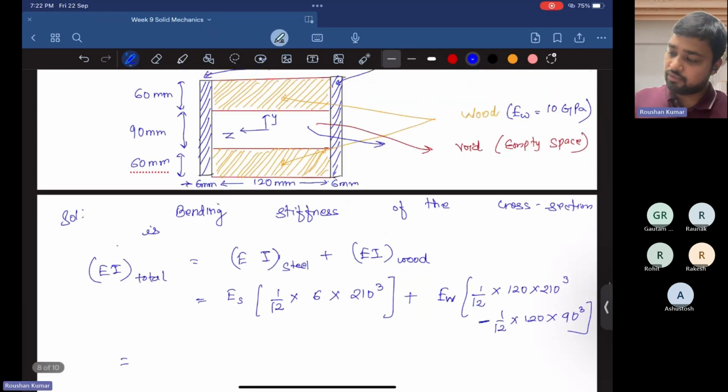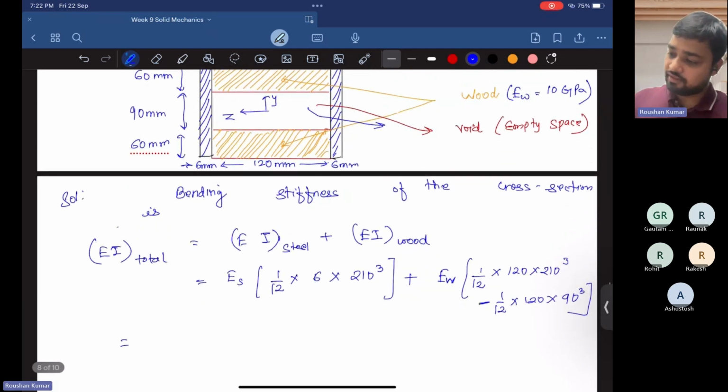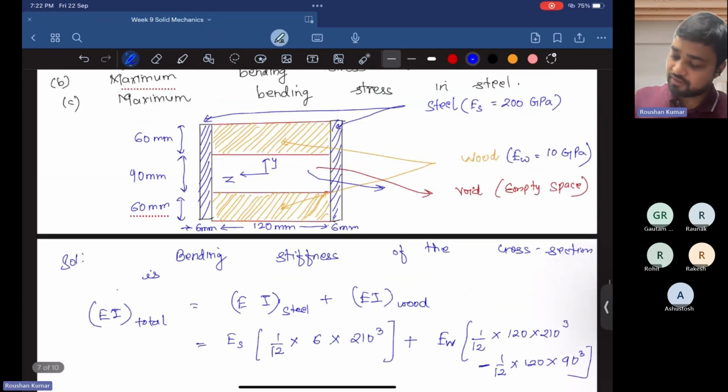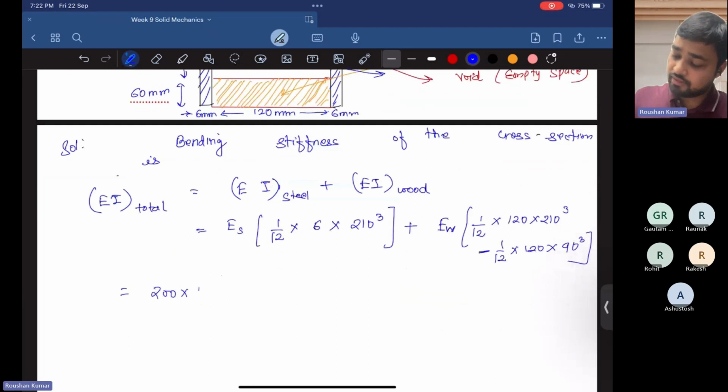What is the EW here? ES here. ES is 200 gigapascal, which is basically 200 times 10 to the power 3 megapascal. I am keeping all the units in Newton per mm square, so 1 megapascal is 1 Newton per mm square.